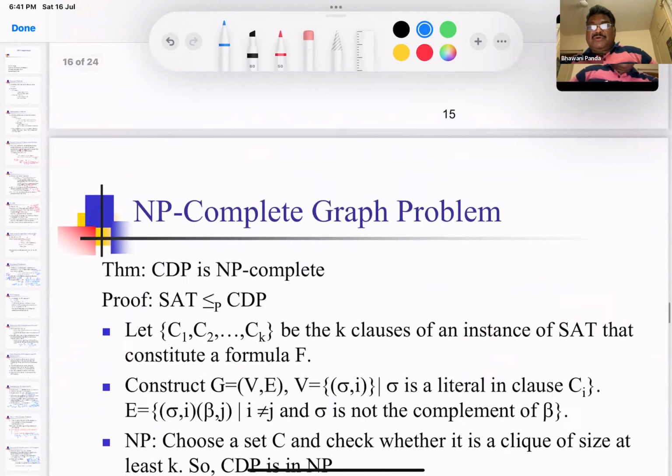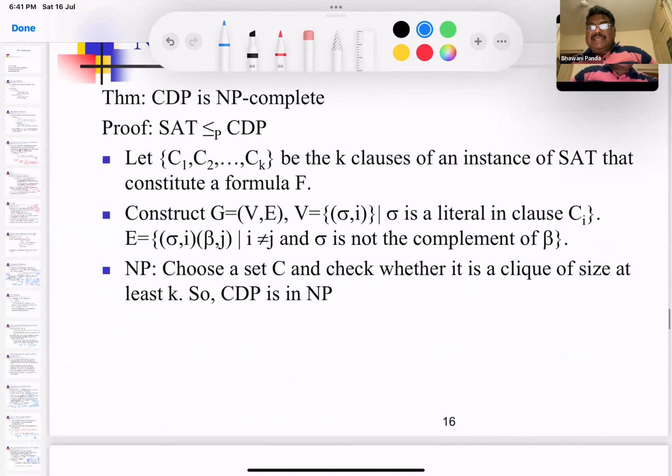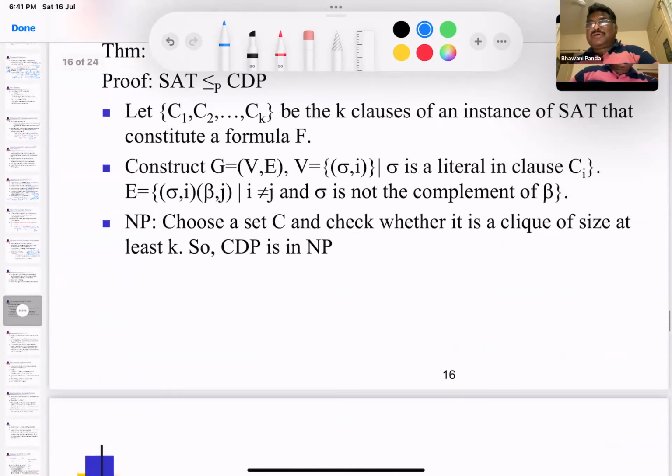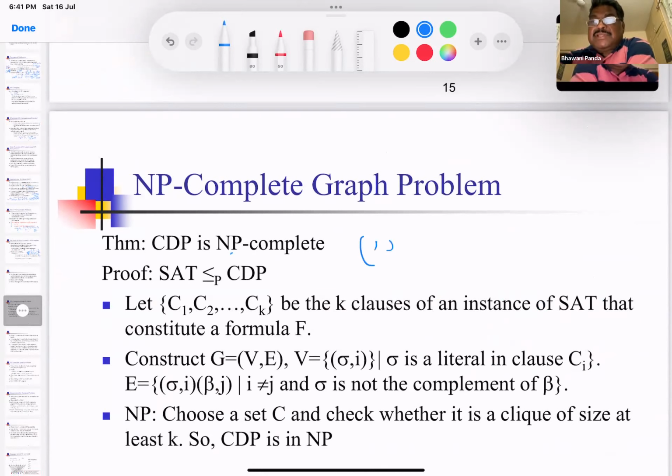So this is how we show NP-completeness. I'll show one problem and then I'll stop; the rest are in the assignments and tutorials. The clique decision problem is NP-complete. We have already seen that CDP belongs to NP, which is the first condition. What is the certificate for the clique decision problem?